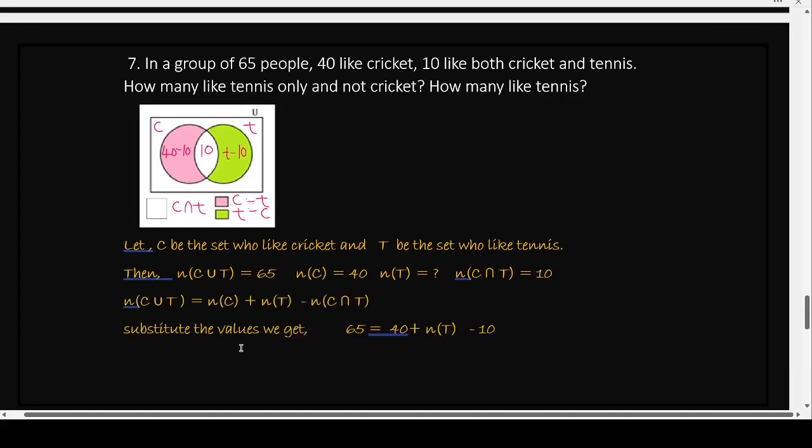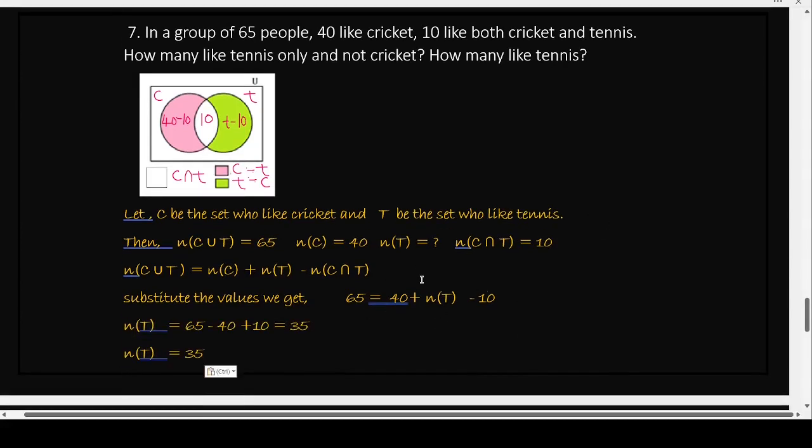Write down the formula and substitute the values. We get 65 equals 40 plus n(T) minus 10. Simplifying, we'll get n(T) equal to 35.